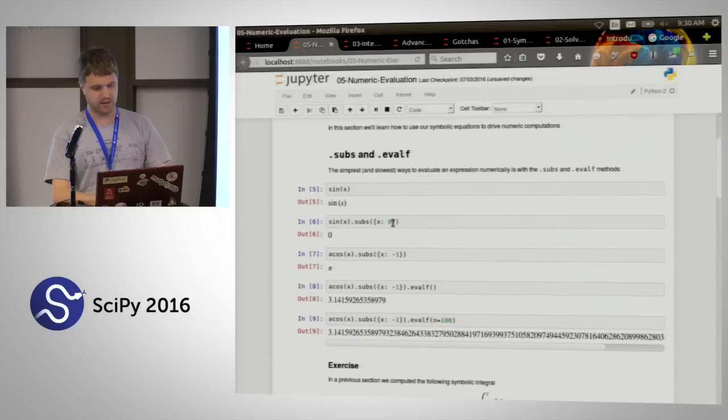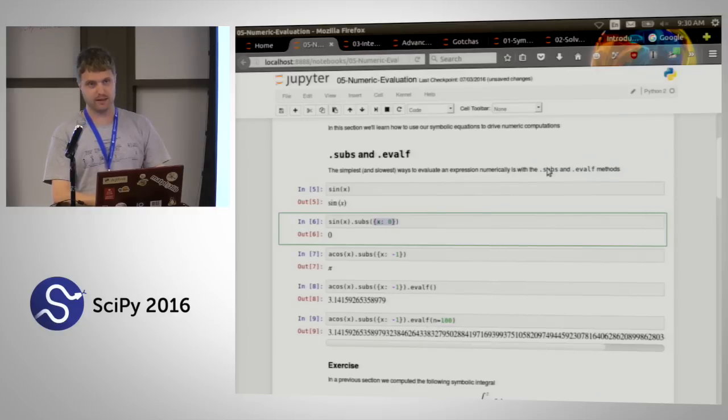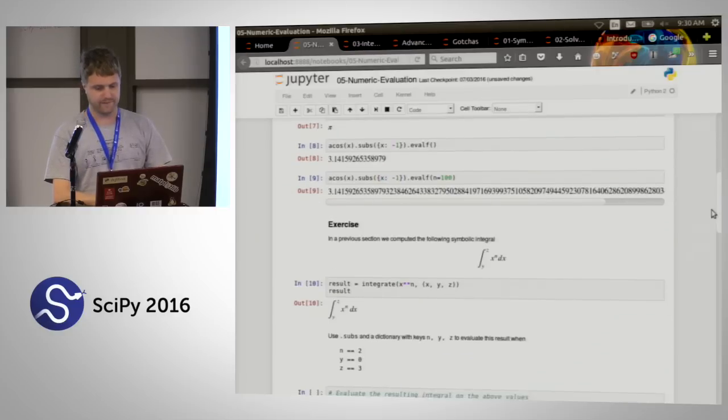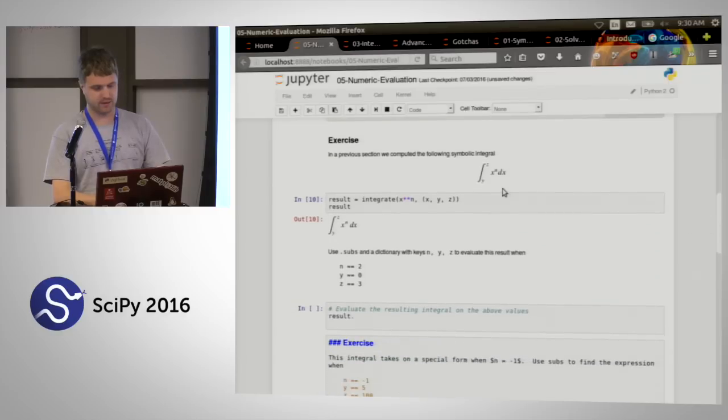So I perhaps, maybe it wasn't clear, but with subs, you pass in a dictionary of the thing you want to replace and the thing you want to replace it with. So let me just show you here for this exercise.